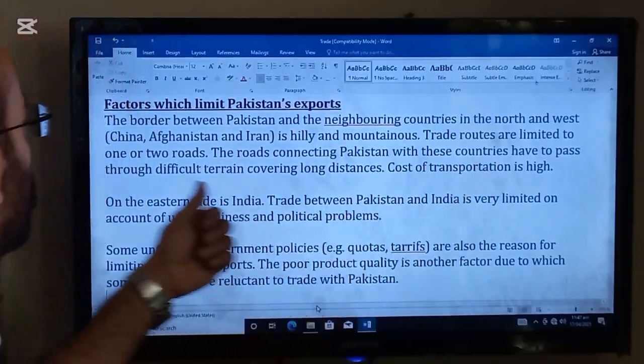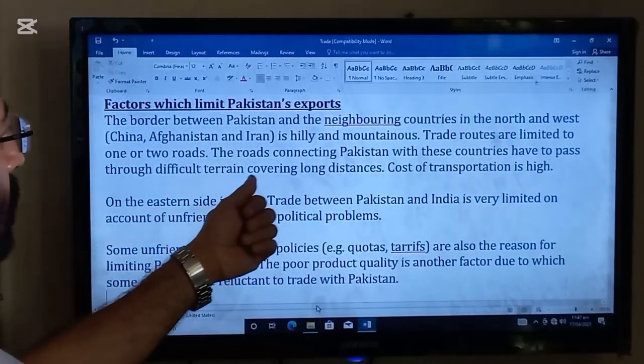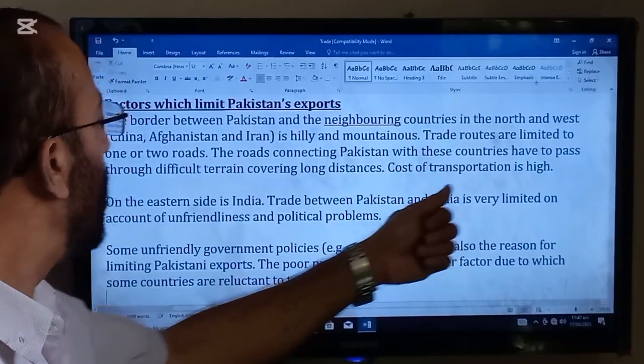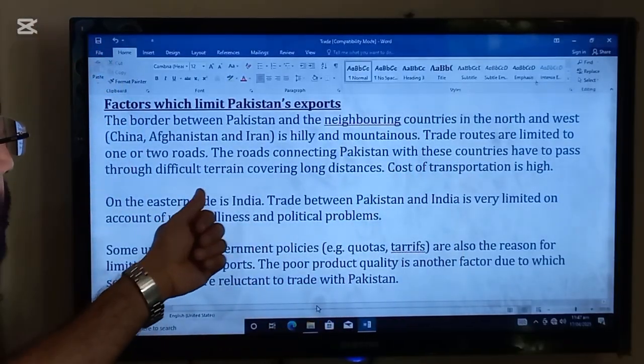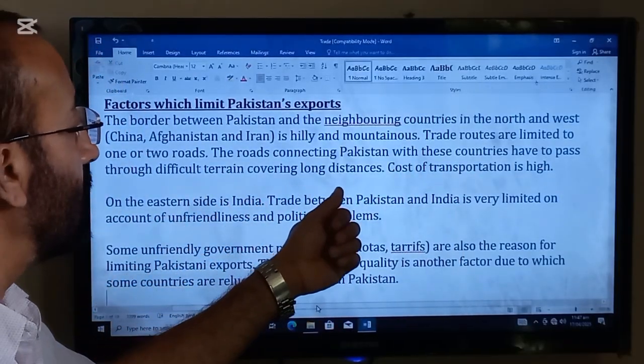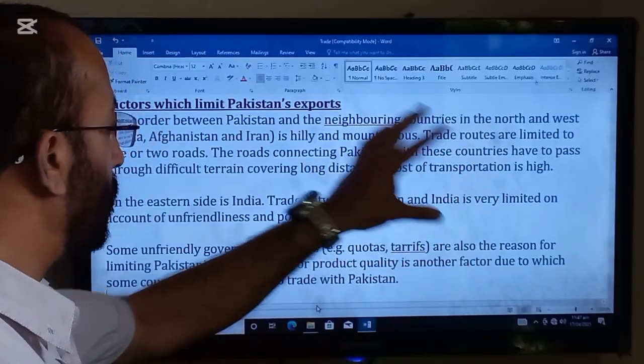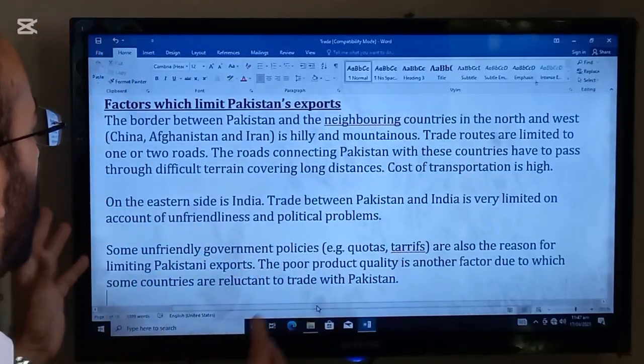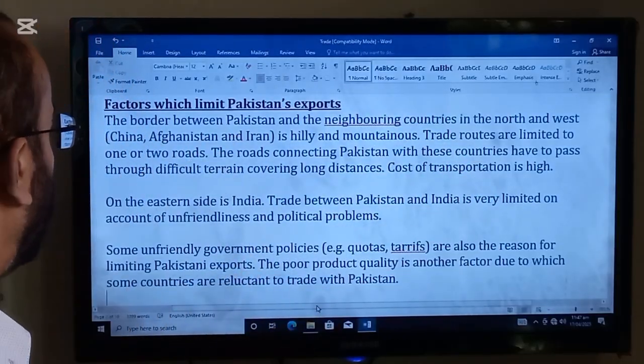Trade routes are limited to one or two roads. The roads connecting Pakistan with these countries have to pass through difficult terrain, covering long distances, and the cost of production is high. So this is the first point, that's why Pakistan's exports are limited.